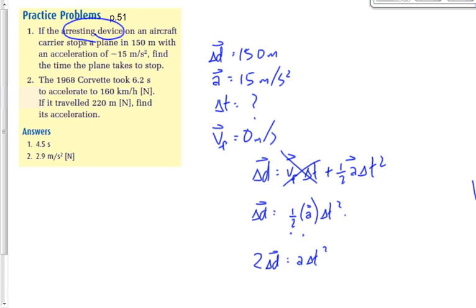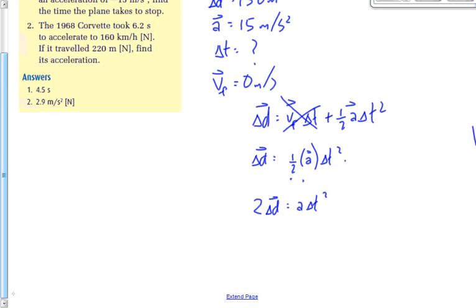Now I got to get rid of the a. What do I do with a on the right-hand side? On the right side, it's multiplied. How do I get rid of it? Divide it. So it becomes 2d over a equals t squared.